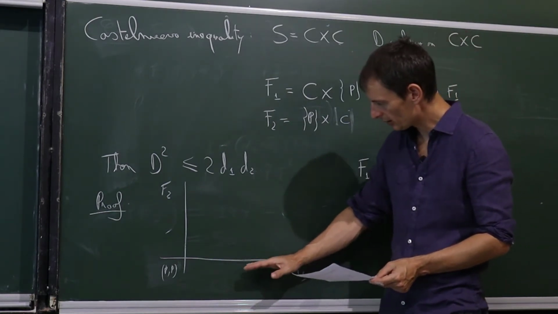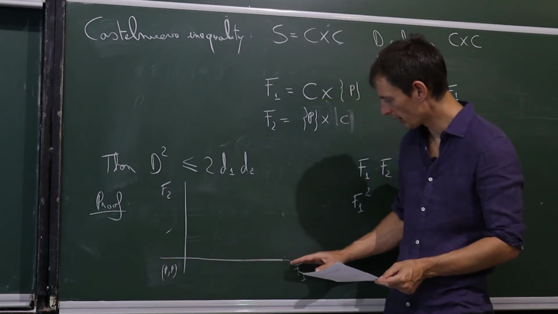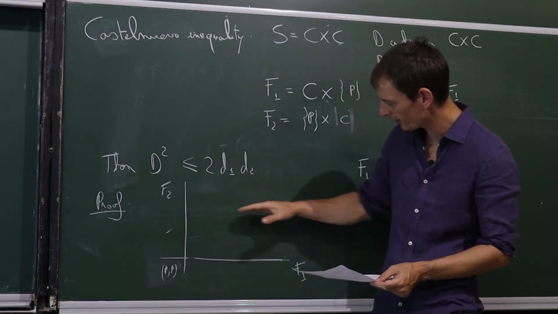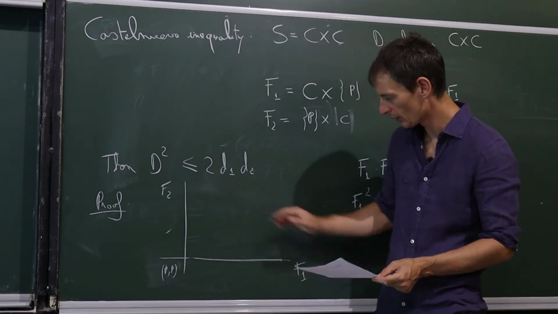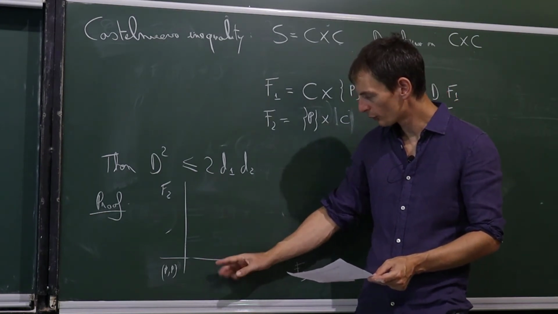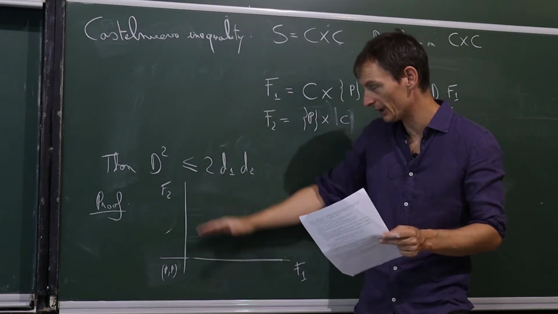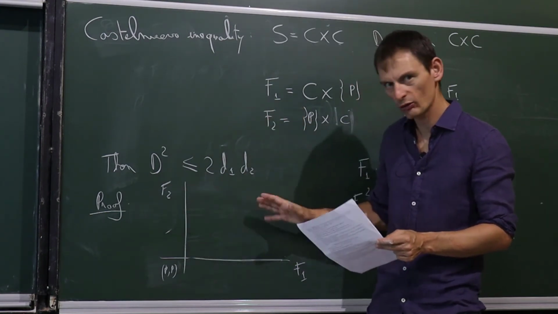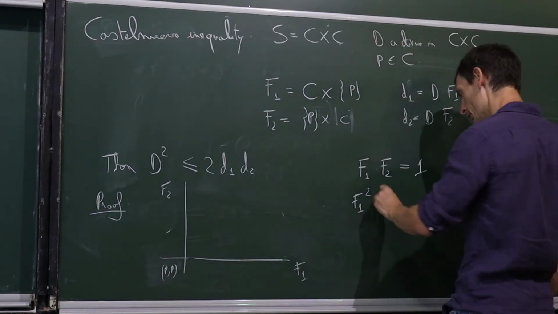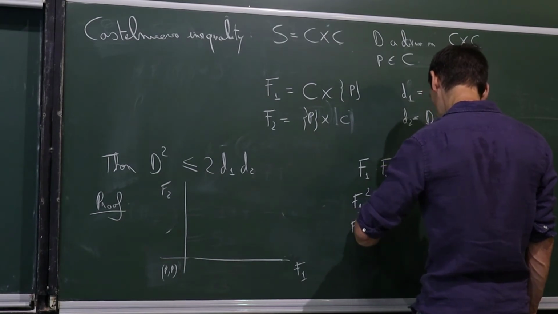But now, clearly one divisor which is going to be linearly equivalent to this one is a translate that would pass through a point Q that is different from the point P. And of course, if you do this, what you observe is that you get two parallel curves, and so the intersection is now empty. So F1 square is actually 0, as is F2 square.